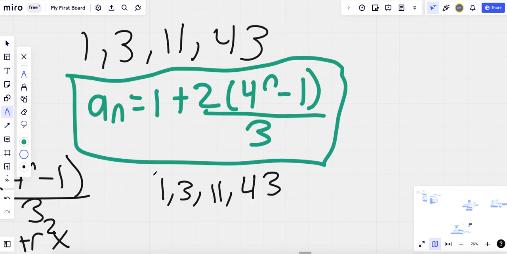So it matches. So we can tell that this is our general formula.